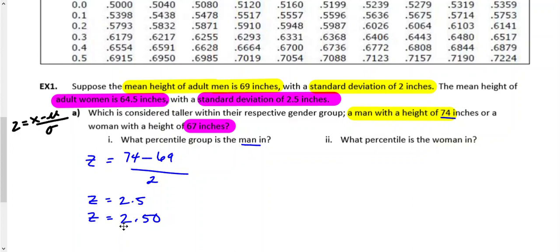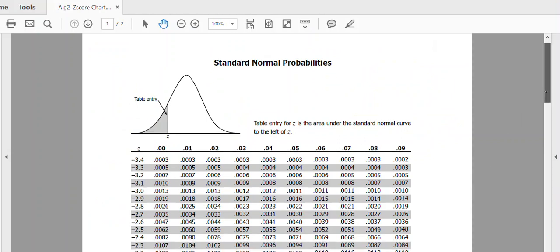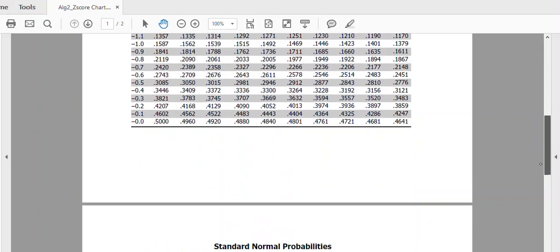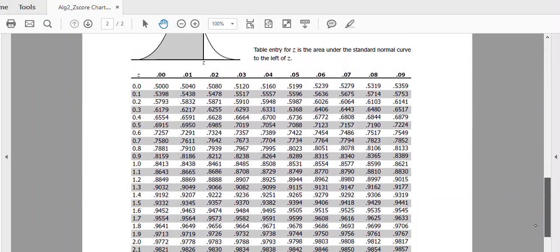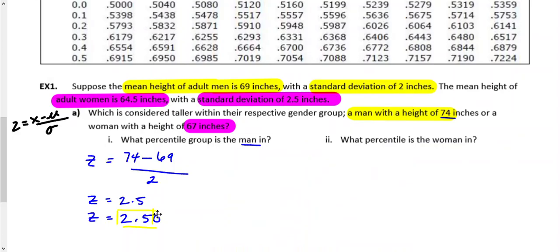So I'm first going to look up the first 2 numbers. So the 2.5. All right, so if I go to my chart, on the side you can see there's a bunch of 2-digit numbers, negative 3.4, negative 3.3, so on and so forth. I'm looking for 2.5. So I'm going to go down. Okay, I found 2.5. Now, if I look back at my notes, my third number is 0.